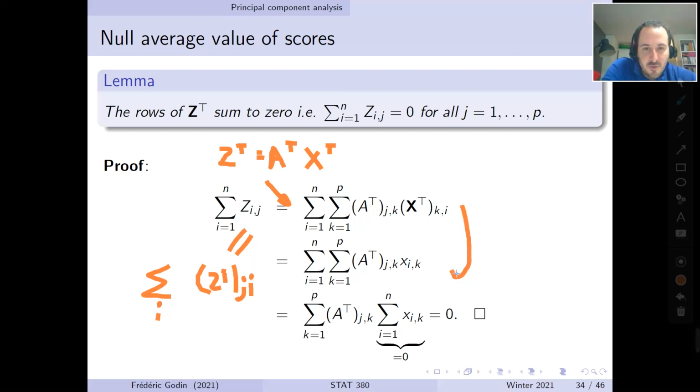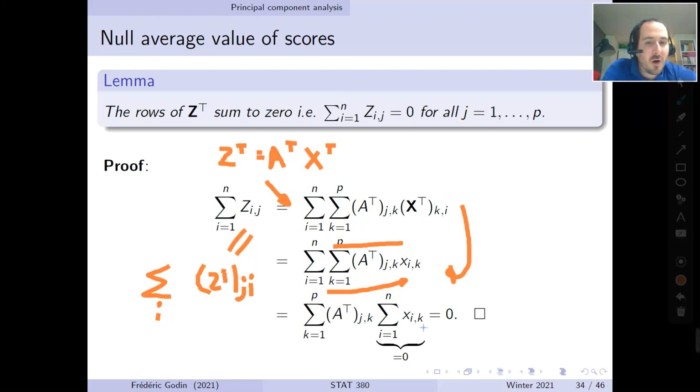Okay, and to go from here to here, x transpose ki is simply xik, so it's your kth predictor for your ith observation here, and the summation with respect to n can go in front here. So this summation and this first term don't depend on I, so then you can shift the summation inside.